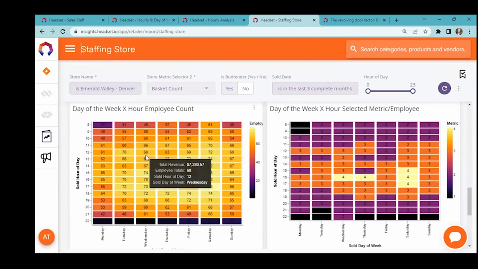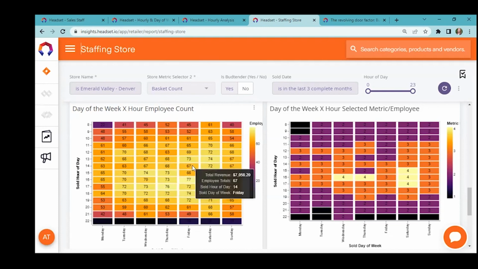It's an aggregate of all of this data over the last 3 complete months. So on the hour of noon on Wednesdays, our total revenue over the last 3 months equals about $7,000. Over those 3 months, we've had 68 employees working on that hour of Wednesday. And then it will give you the sold hour and day of week. So this is just to get an aggregate of information.